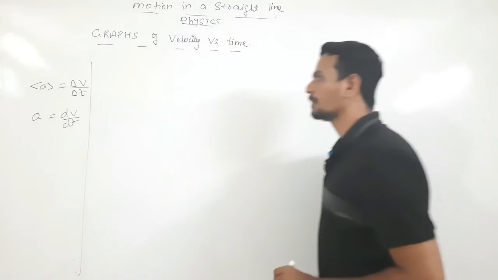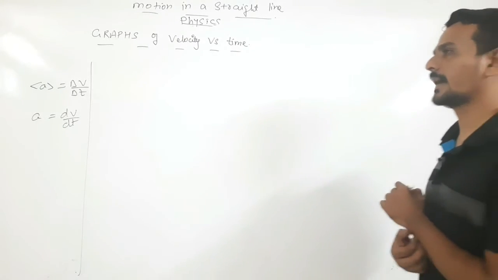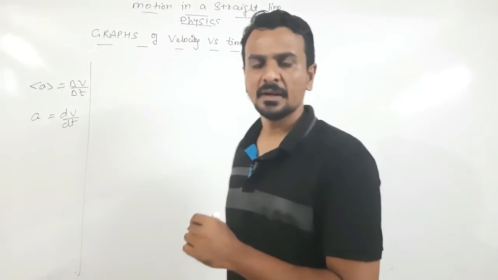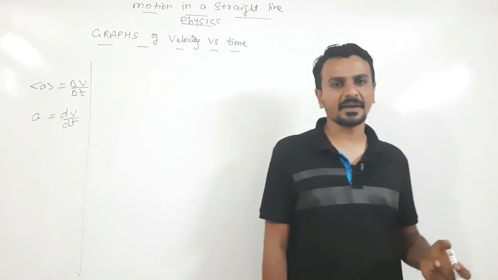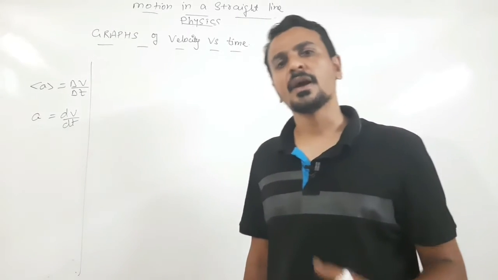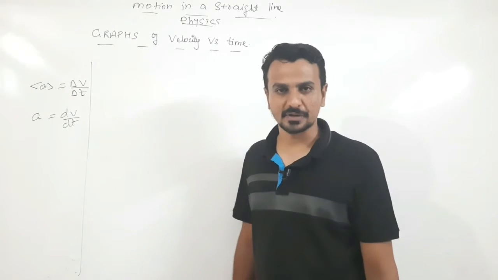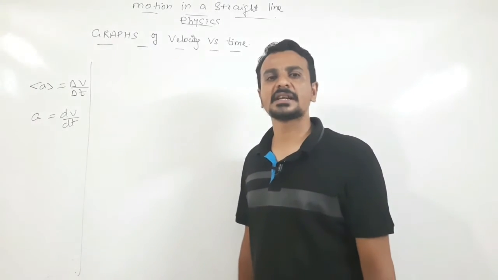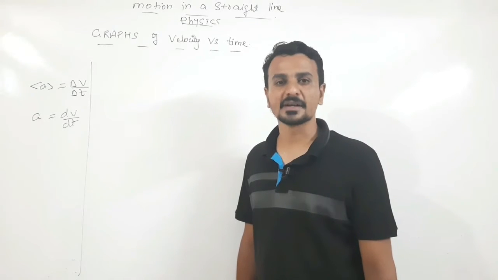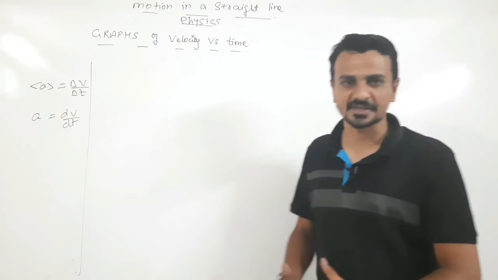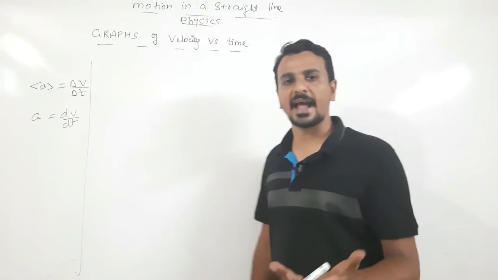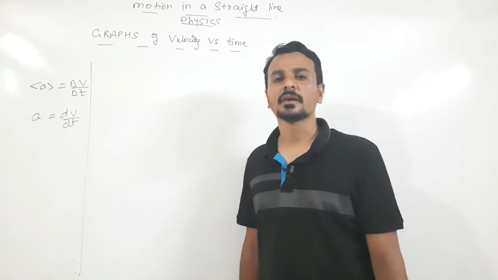Now, basically acceleration means change in velocity with time. When an object changes its velocity with respect to time, it is said to be performing accelerated motion. If the change in velocity is uniform, constant, then the acceleration of the object will also be constant.